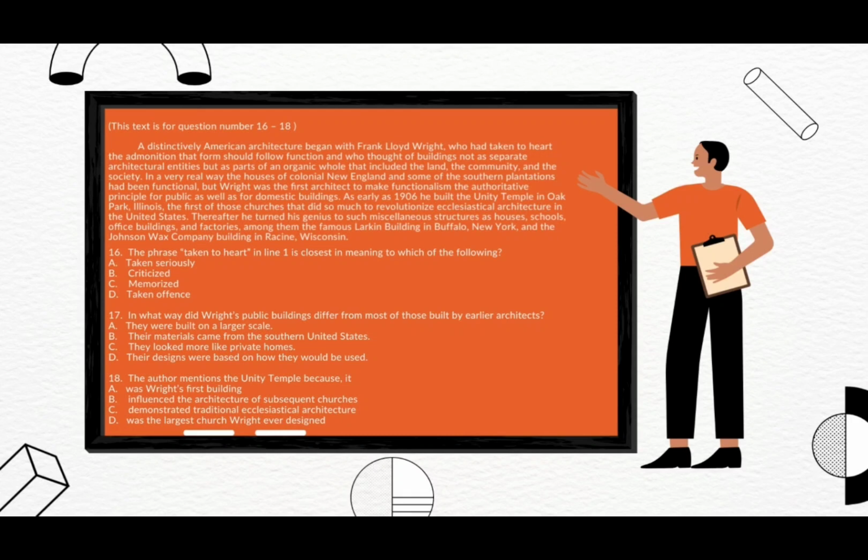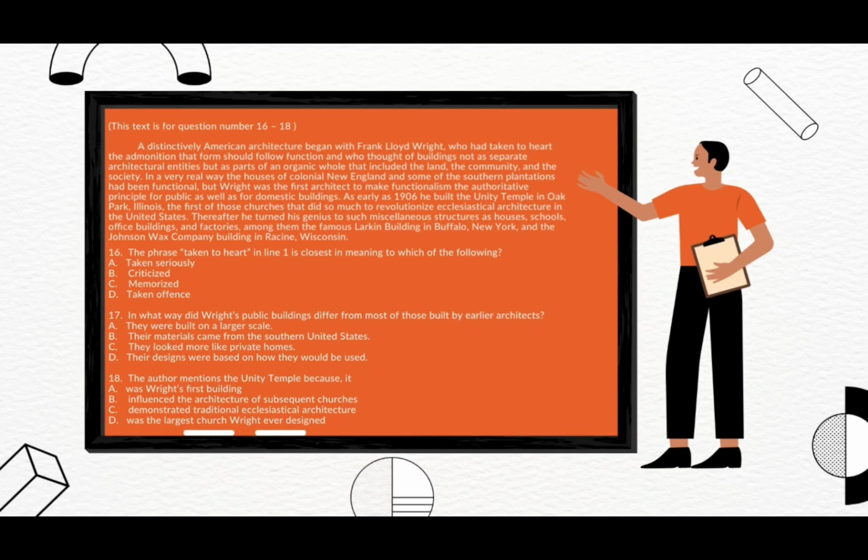16. The phrase "taken to heart" in line 1 is closest in meaning to which of the following? A. Taken seriously. B. Criticized. C. Memorized. D. Taken offense. 17. In what way did Wright's public buildings differ from most of those built by earlier architects? A. They were built on a larger scale. B. Their materials came from the southern United States.